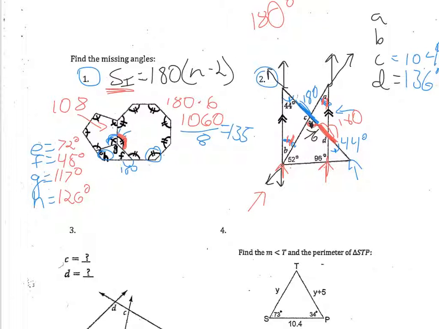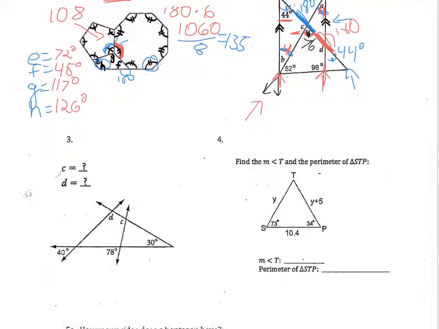And so we're going to take 180, we're going to subtract away 44, and we'll subtract away 104 for C. And we are left with 32 for B. And because B and A are congruent, because they're alternate interior angles, we know that A is also equal to 32 degrees. And that really finishes up that problem, and we've found all of the parts and pieces.